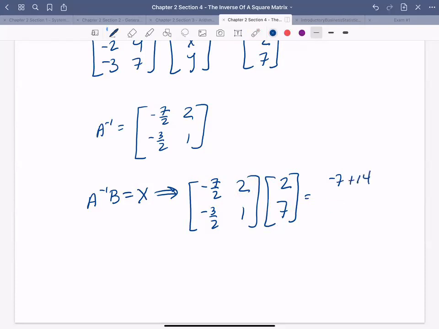Plus 14. Then we come down to here and we say row times column. So -3/2 times 2, which is -3. Plus, and then we have 1 times 7, which is 7. So -7 plus 14 is +7. And then -3 plus 7 is +4.